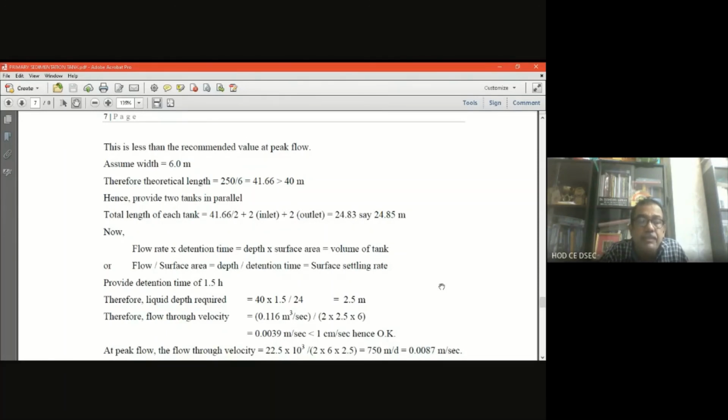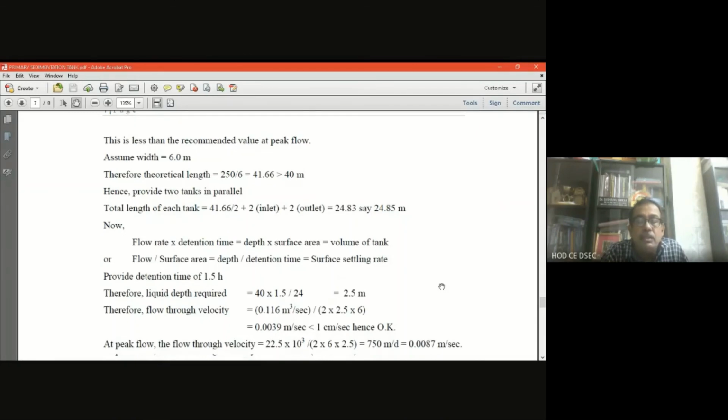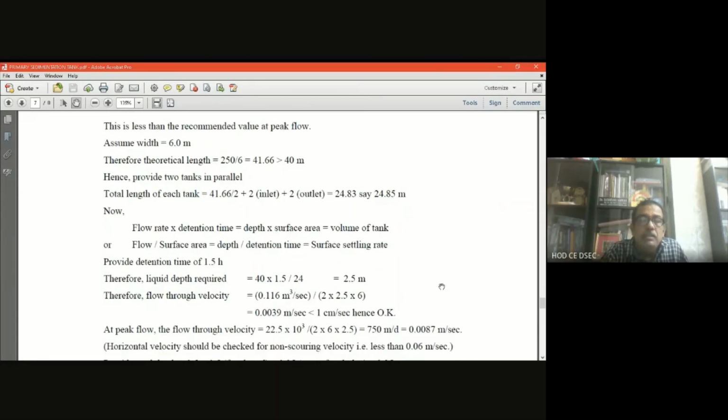When finding the settlement, that is the vertical velocity, the horizontal plane area, that is the surface area, is taken. While calculating the horizontal velocity, the vertical plane area is taken. So this is the concept of how to design the primary sedimentation tank.